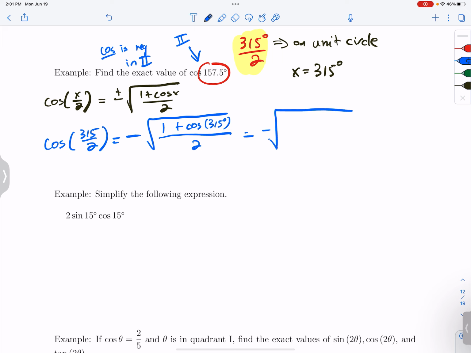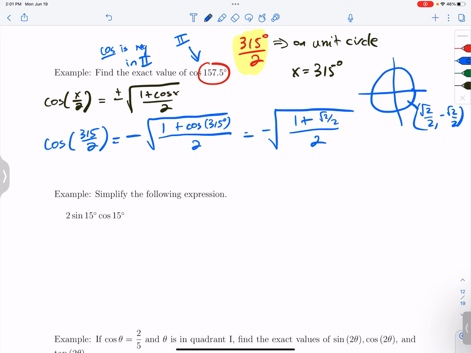Simplifying this, we get negative of 1 plus cosine of 315, that's down here, and that is positive root 2 over 2 comma negative root 2 over 2. Cosine is the x coordinate, so this is root 2 over 2, divided by 2.